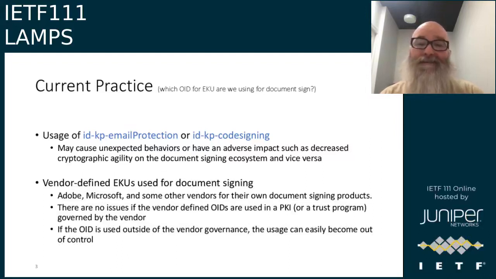We also think there's a possibility that there are already some vendor-defined EKUs for document signing, for example Adobe and Microsoft and others that have document signing products. There's really no issue with using vendor-defined OIDs, but it'd be weird to adopt them someplace else. So the idea is that we'd like to define a generic purpose one.